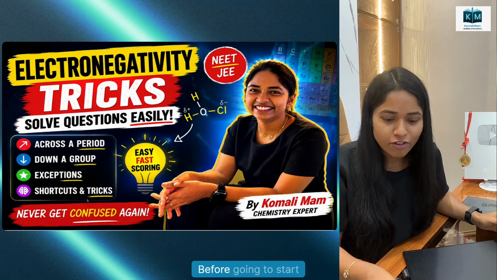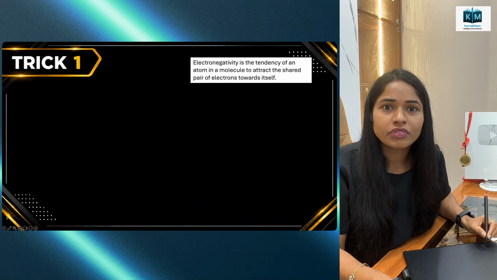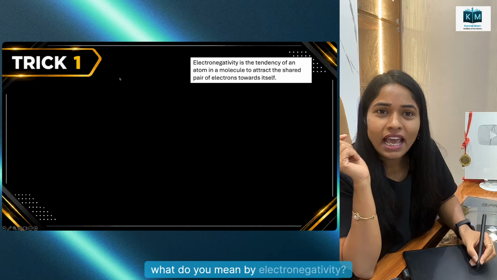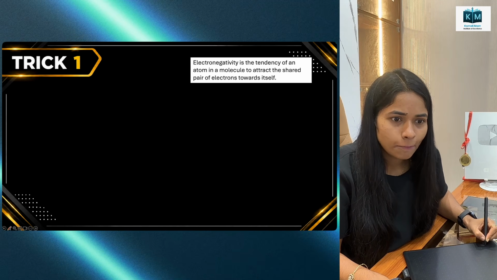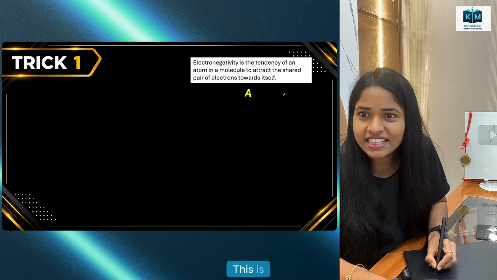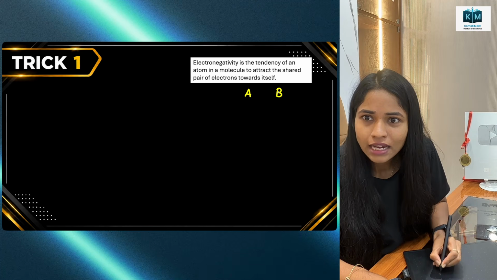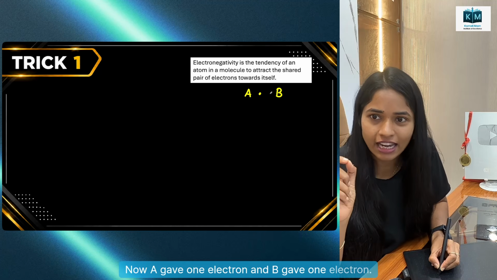Begin the session. Before going to start trick number 1, I want to tell you what we mean by electronegativity. For example, here we have A and B. A gave 1 electron and B gave 1 electron.